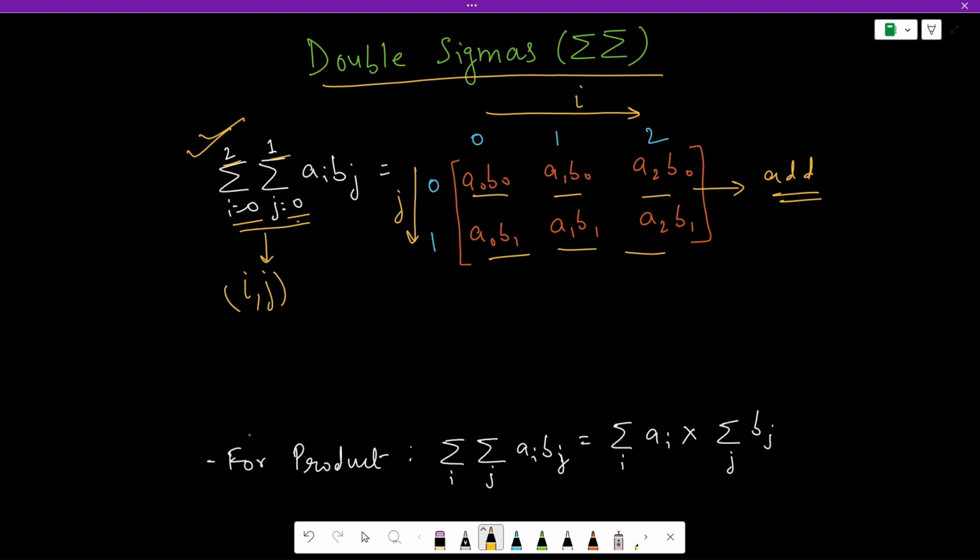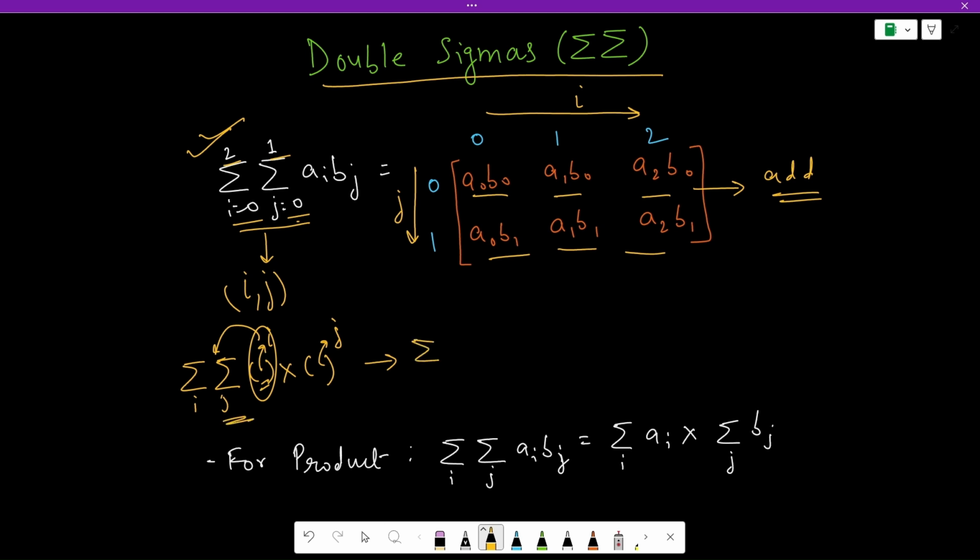Now also there is an important property for products. If we have a double summation over i and j of something into something, where this is dependent on only i and this is dependent on only j, we can take this i term out of the summation, as it is only dependent on i, so it is constant for the inner summation.